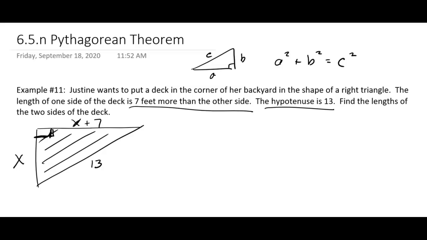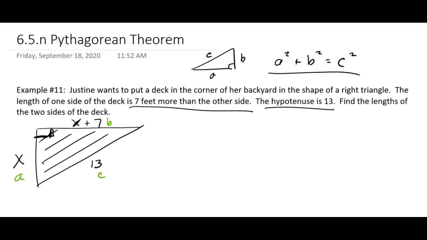So now you have an A and a B and a C. You've got all the parts of the triangle labeled. So we're going to use this Pythagorean theorem. We'll say this is the A, this is the B. It doesn't matter which one's A and which one's B, but the C has to be the long one, the hypotenuse.